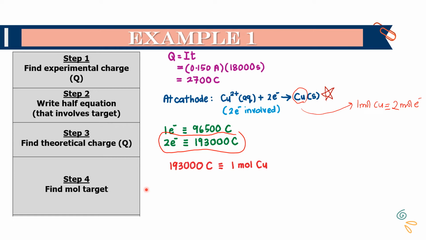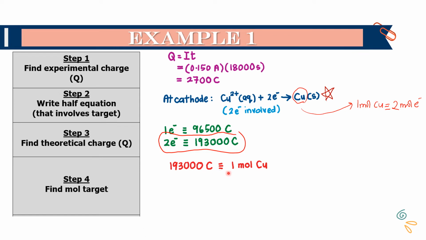Stoichiometry apa pula yang kita nak buat kali ni? Kita akan compare the charge with the mole of target. Tadi kita dah kira 193,000 ni untuk 2 elektron. 2 elektron ni adalah untuk 1 mole of copper. So you need to be very careful dekat sini lah. Dan juga awak punya target equation. So that's why target equation is very important.